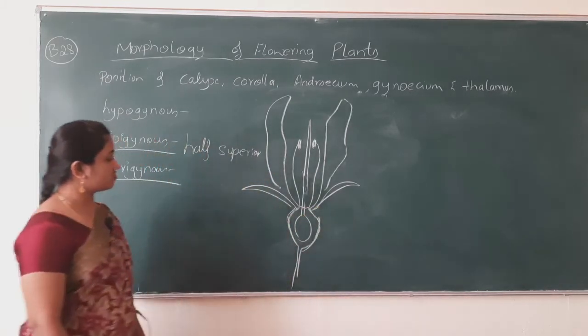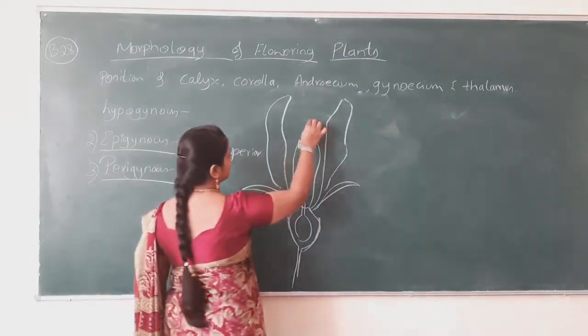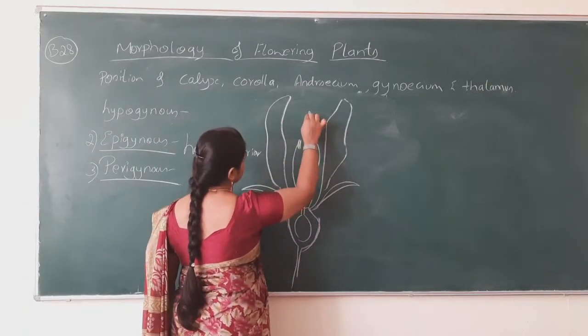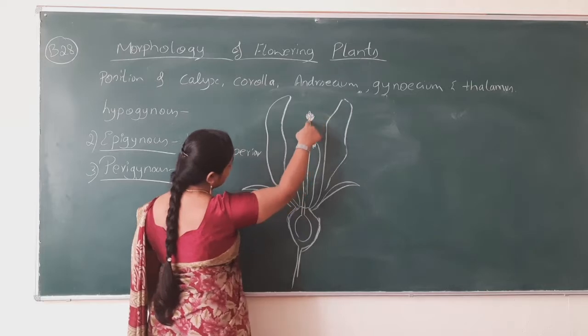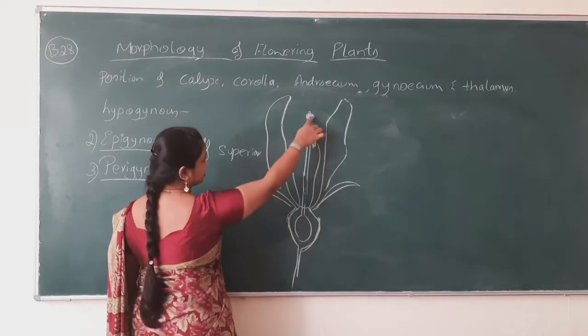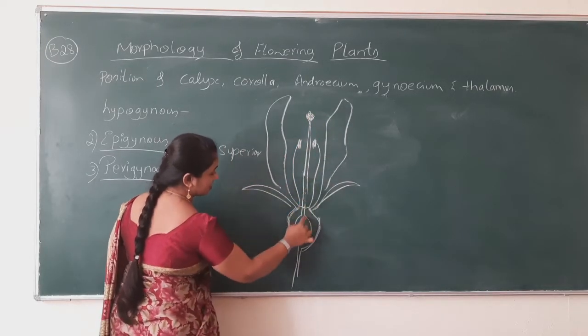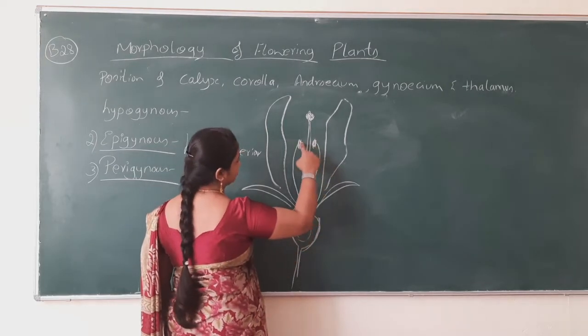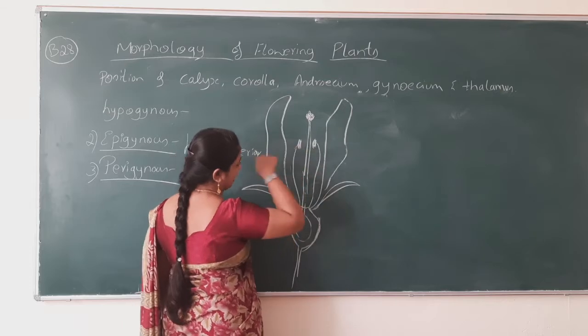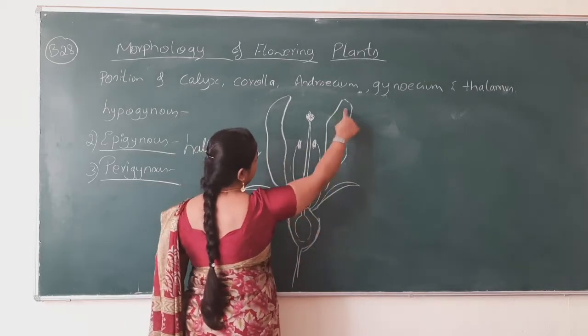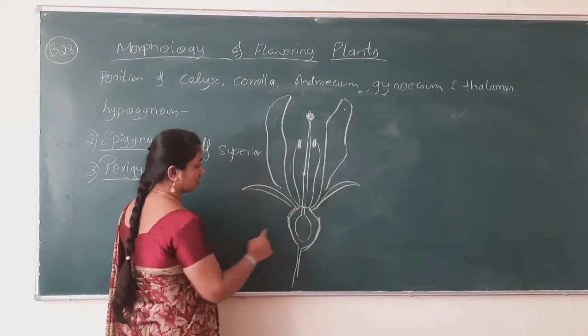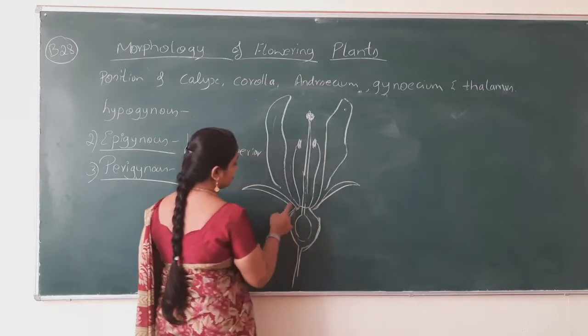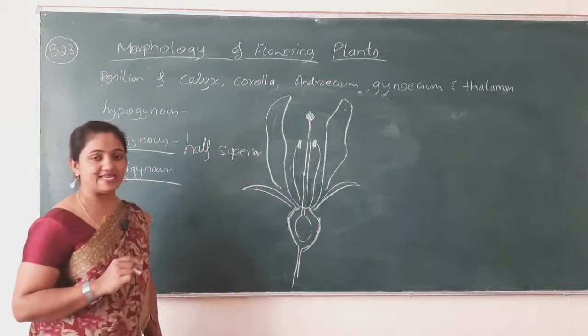So what you can see in this picture is the gynoecium having stigma, style and ovary. And this is the Androecium, and petal or corolla, and sepal or calyx.